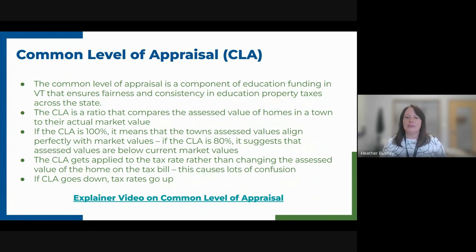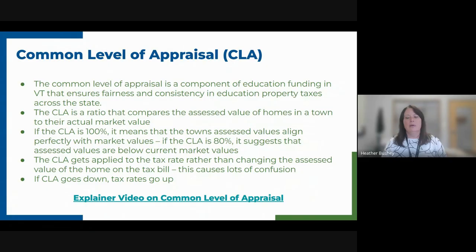The confusing part about the common level of appraisal is that it gets applied to the tax rate rather than actually changing the assessed value of the home on the tax bill. I've asked the tax department this question because that's not how my brain works, and apparently there is good reason for why it gets applied to the tax rate. But for my brain, that just makes it so confusing, because it's all about trying to change the value of the home, and they get at it through increasing the tax rate rather than actually changing the value of the home.